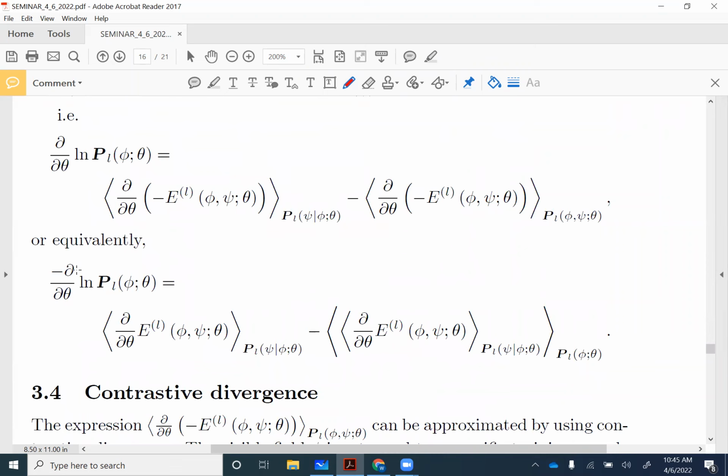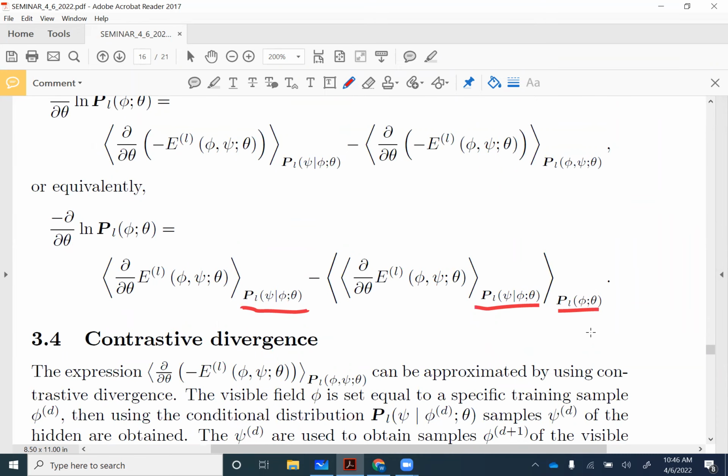We get that this derivative minus this derivative is the average of this function with respect to this distribution, minus the average with respect to the other distribution.